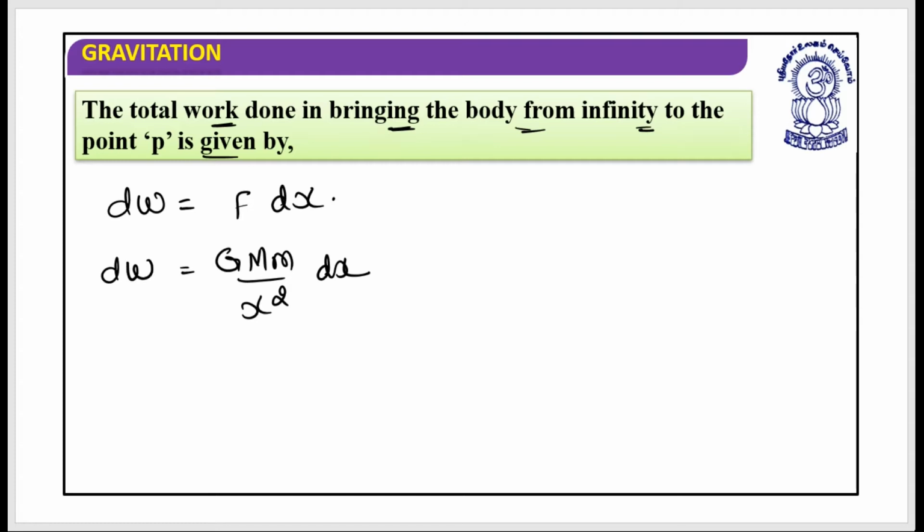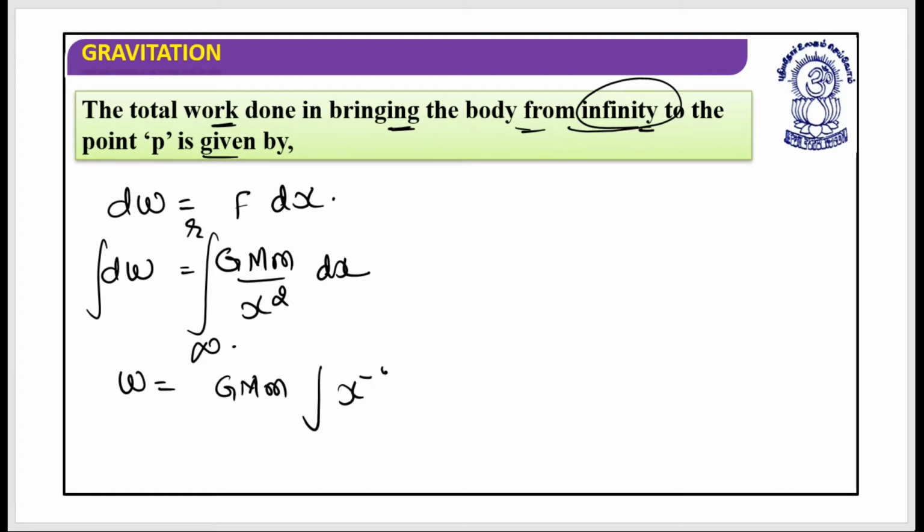Let's integrate this, and it will give the work done, from infinity to the location, let's say R. This equals GMm times the integral of x to the power minus 2 dx from infinity to point P, which is at a distance R.